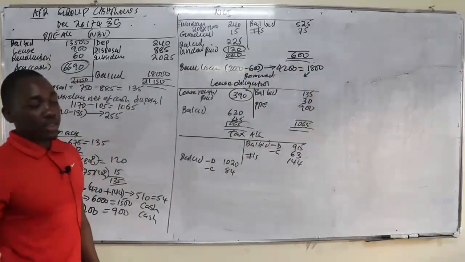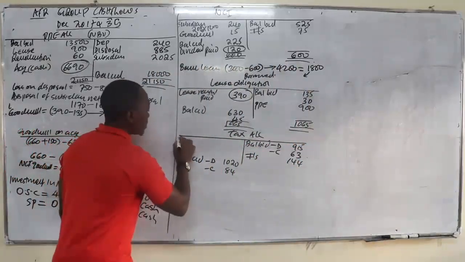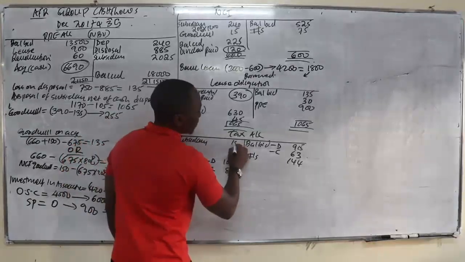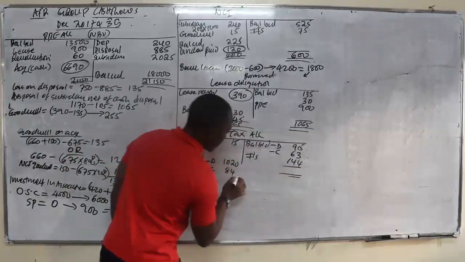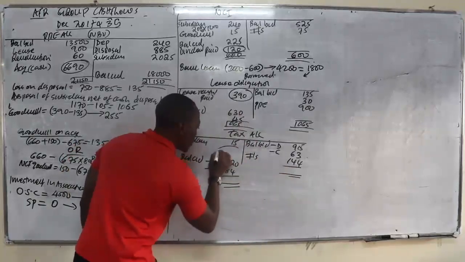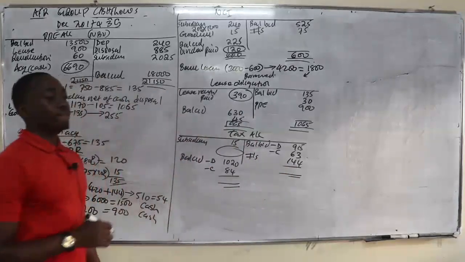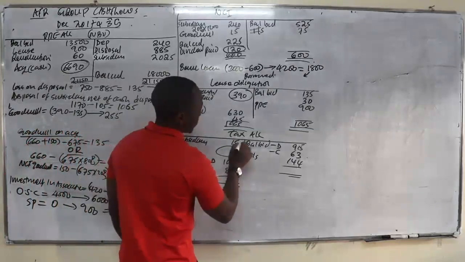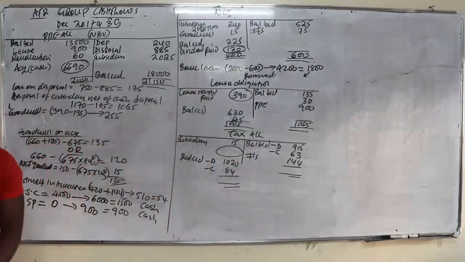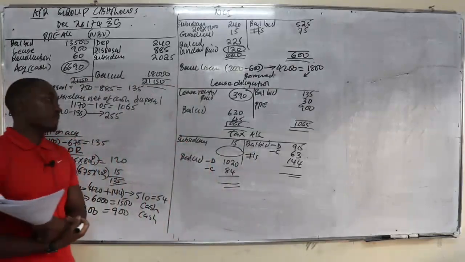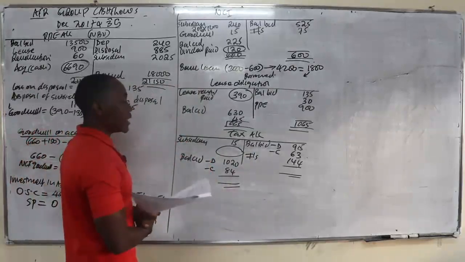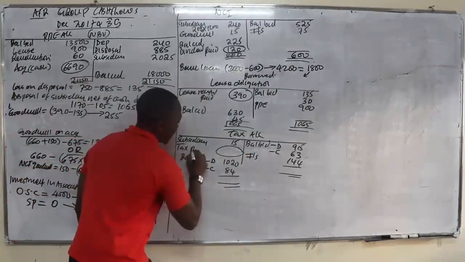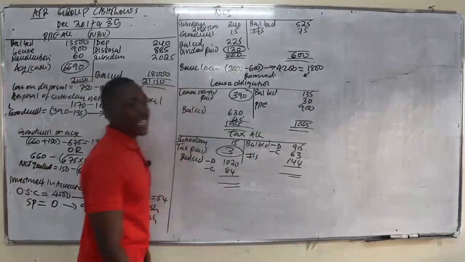It carries the burden, isn't it true? Good. So that means we disposed a subsidiary with a tax of how much? 15. Now we want to determine how much tax did we pay during the year. Three. That's the tax paid. We only paid 3.